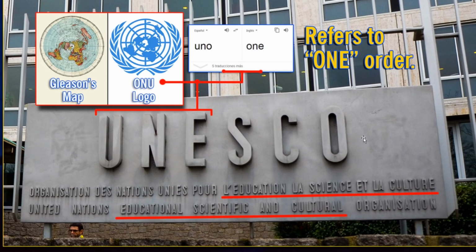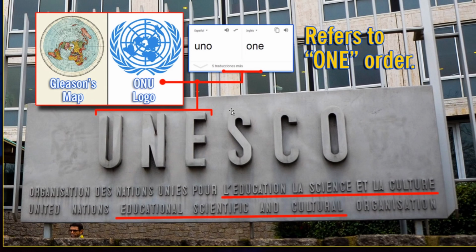Of course, UNESCO is the educational, scientific, and cultural organization. It's not just educational, it's the institution that creates the regular material for school children or higher school. No, it also creates the scientific education, not just the cultural.